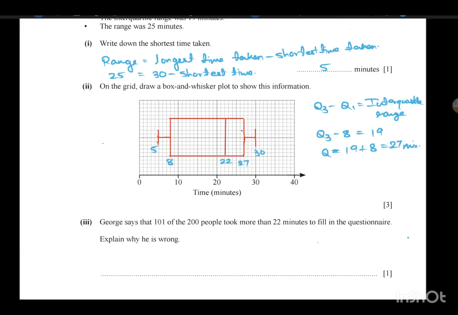If you see, 101 is more than 50%, but the median is 22. So that's why he is wrong.